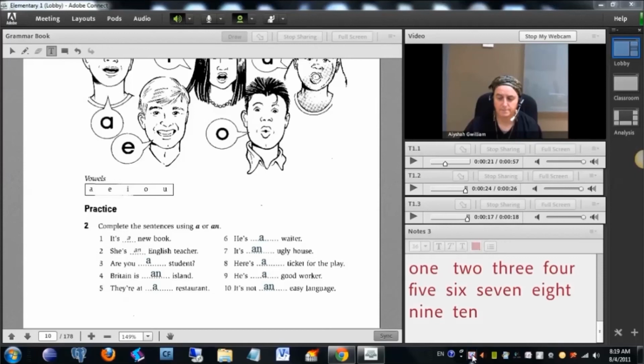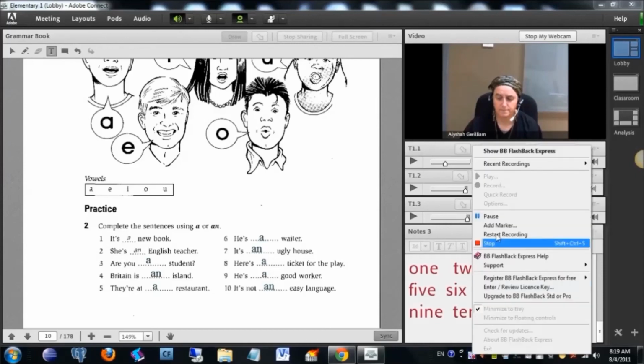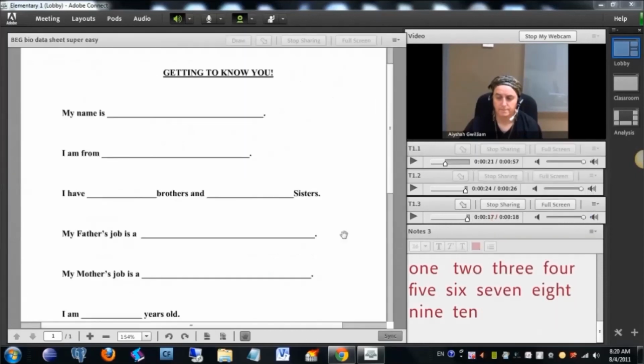I want us to end this lesson with some revision from the day. You should also have a copy of a piece of paper that says Getting to Know You. I want you to write the answers for you. My name is Abdullah. I'm from Sudan. I have brothers and sisters. How many do you have? My father's job is a, and so on.